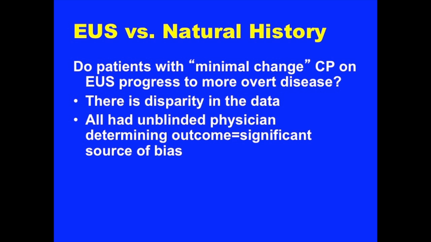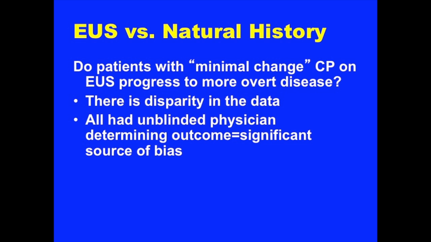If we look at natural history in terms of do patients with minimal change of EUS criteria progress to overt disease, our studies at our university have answered that in a positive, saying yes, they do seem to have within 2 years a change to minor duct findings, persistent pain, and become a Cambridge Class 3.